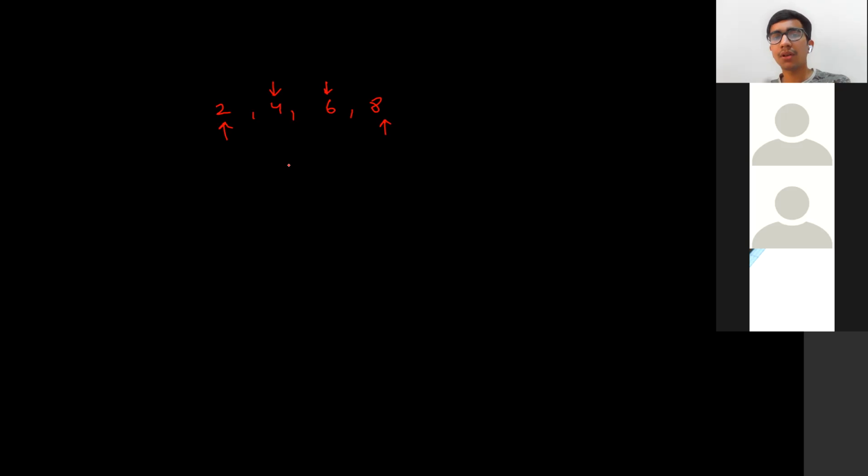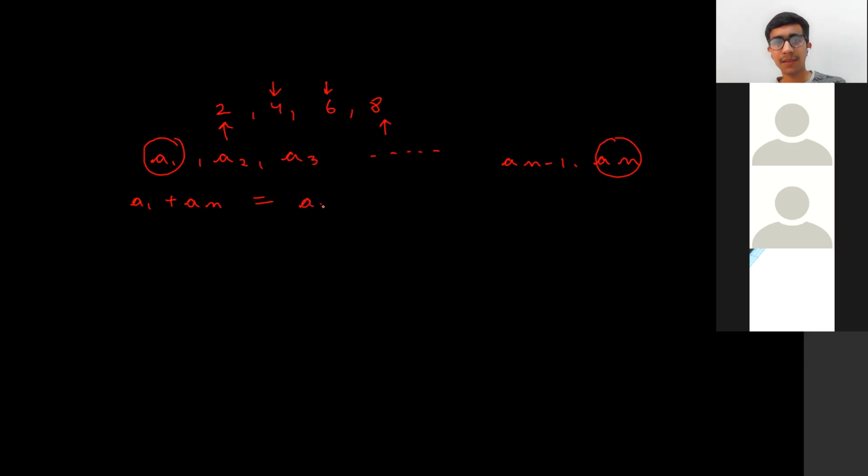So from this we can draw a conclusion about A1 plus AN, first and last. Let's say we have a sequence like A1, A2, A3, and so forth till AN minus 1, AN. So what I can say is first and last ka sum is equal to second and second last ka sum. That means A2 plus AN minus 1.